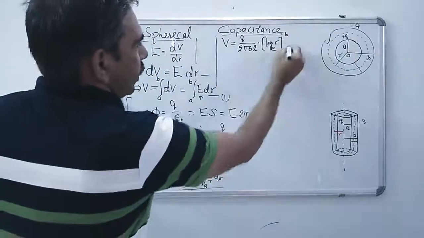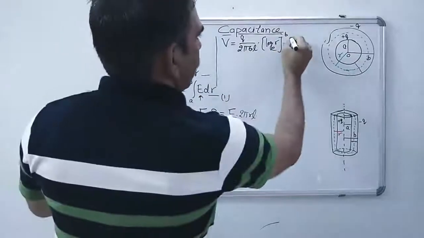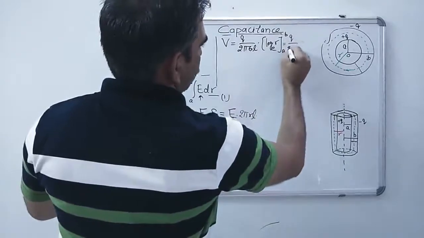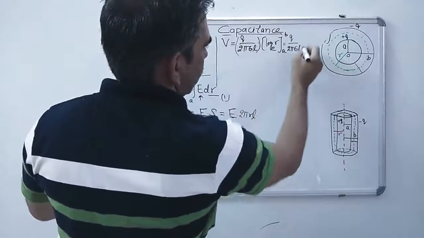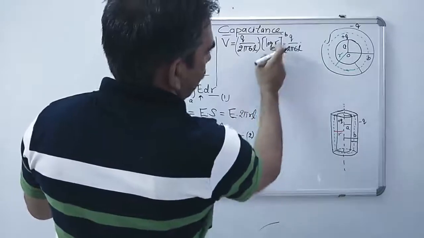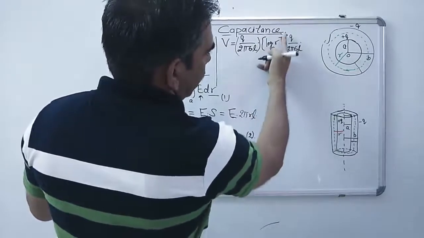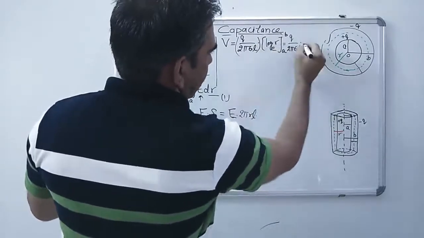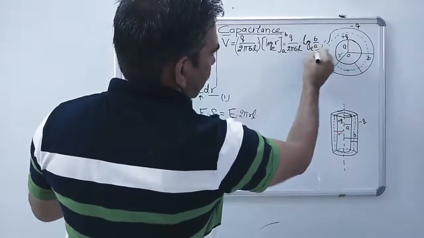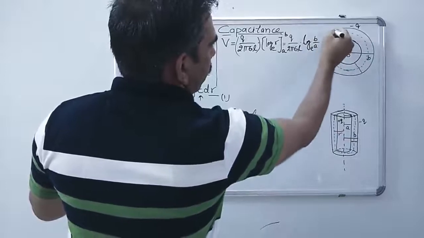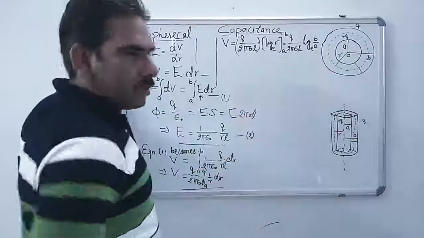So this potential takes the form q upon 2 pi epsilon naught into L. This is the term we have written earlier. Let us substitute the upper limit first and then minus the lower limit. So it takes log b minus log a, and it is an identity that log b minus log a is nothing but log b upon a to the base e. Right? So this is the potential difference.